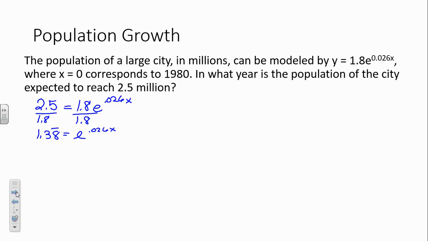Now, how do we get rid of an e when we have e to the 0.026x? Use the natural log. Natural log of 1.38 repeating is the natural log of e to the 0.026x. So on the right-hand side, I get 0.026x because they're inverses of each other, and the natural log of my previous answer is 0.3285.